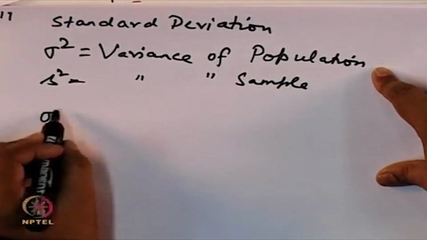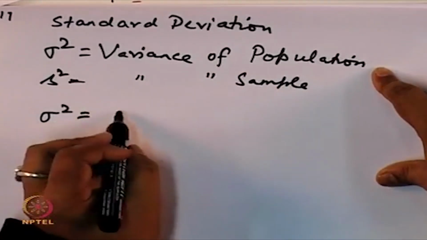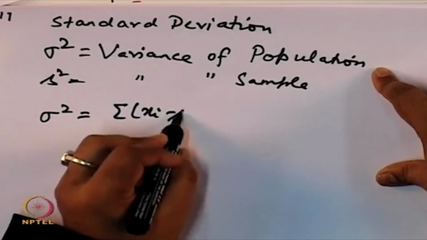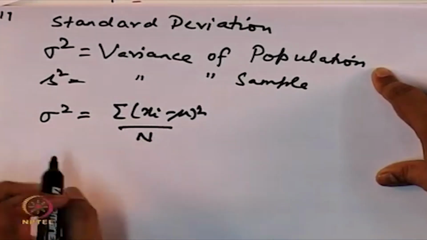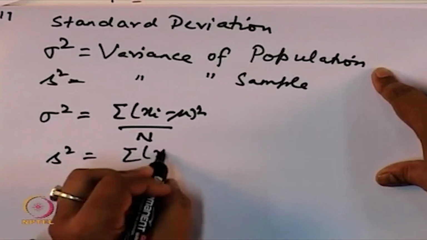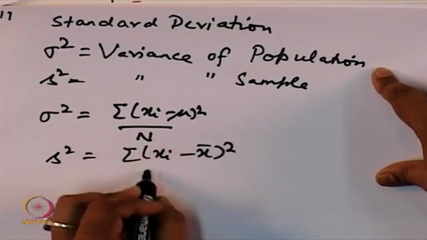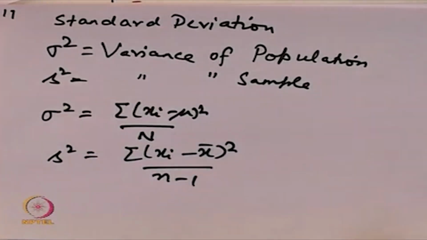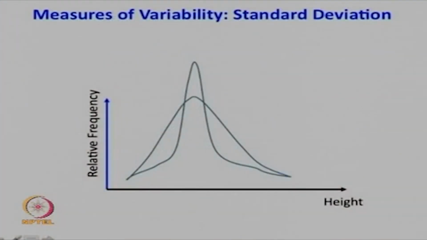So sigma square is nothing but summation xi minus mu whole square by capital N, and S square is nothing but summation xi minus x bar whole square by n minus 1. Okay. So these are called variances. So what you can clearly see is variance is always positive and it is the square of the standard deviation. So how do we go about computing the variation?